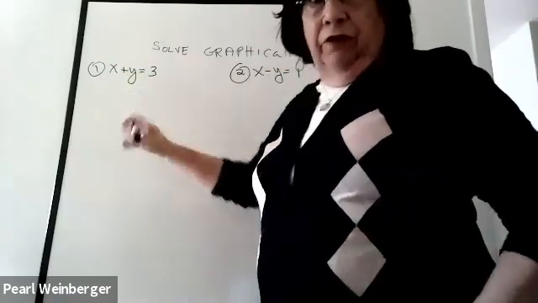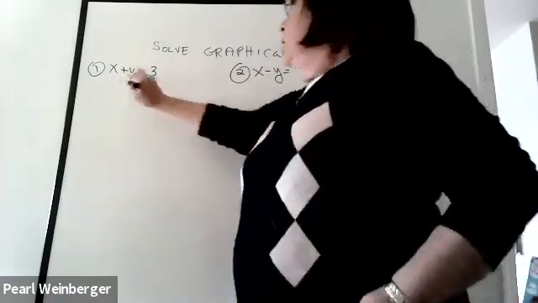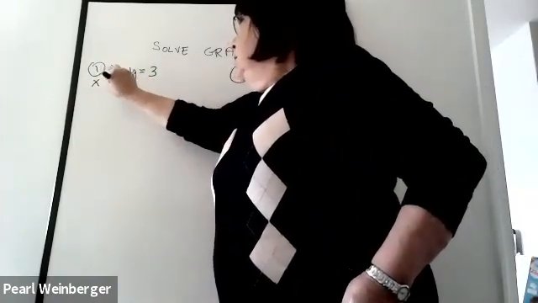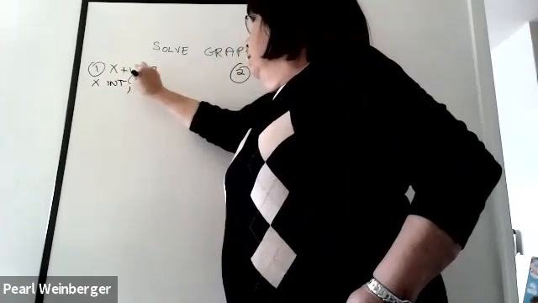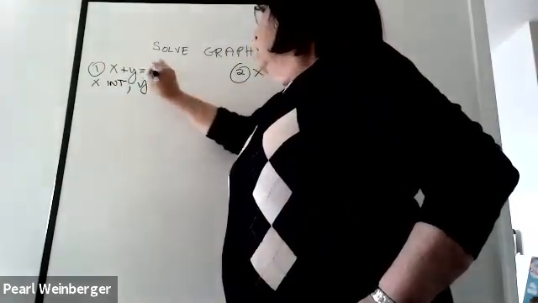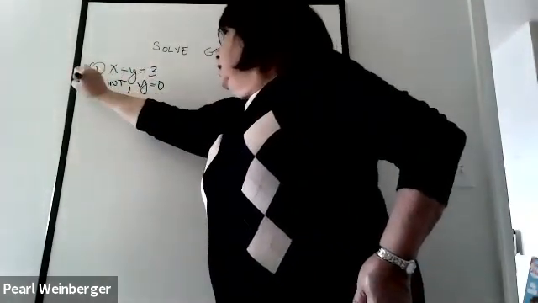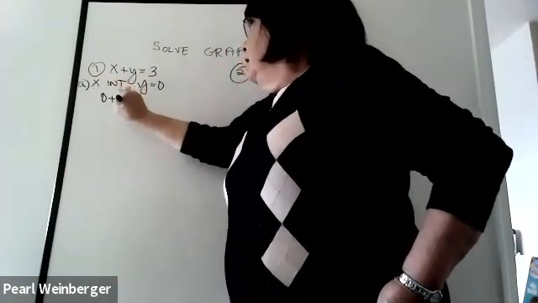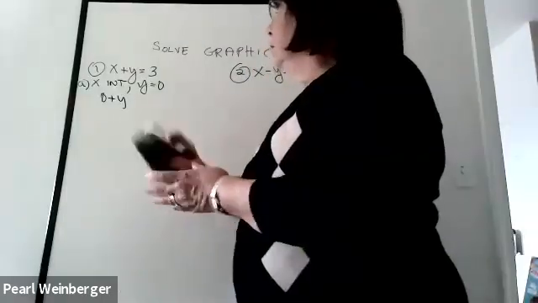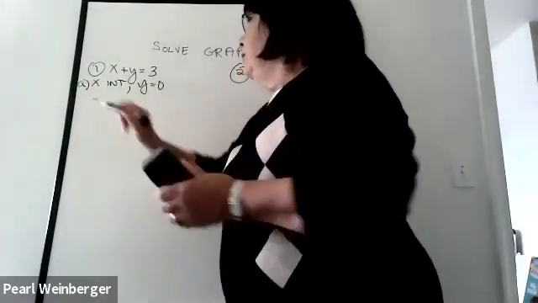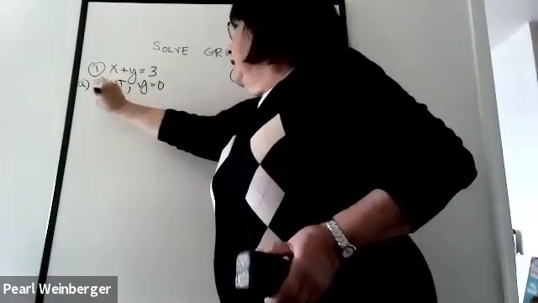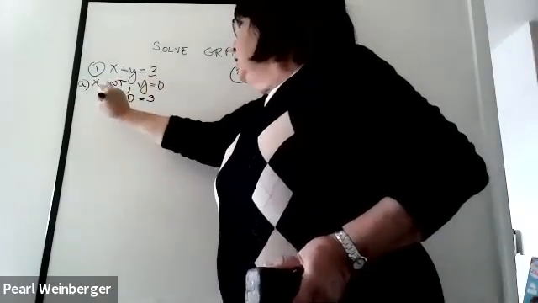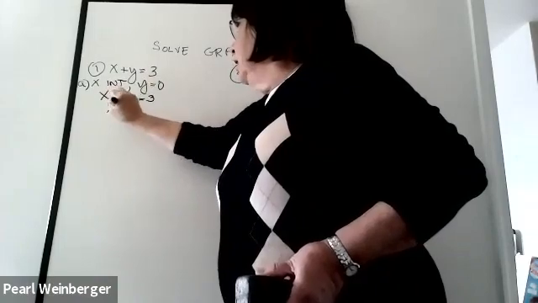So if we want to do it by the intercept method, which is usually, when it's set up in what we call standard form, makes sense, we'll find the x-intercept by letting y equal 0. X plus 0 equals 3, which gives me x equal to 3.